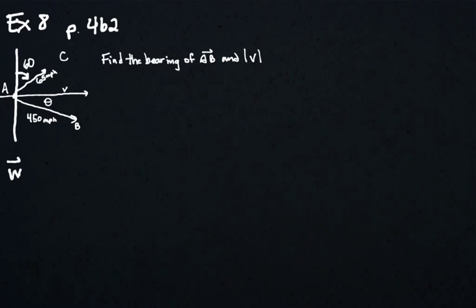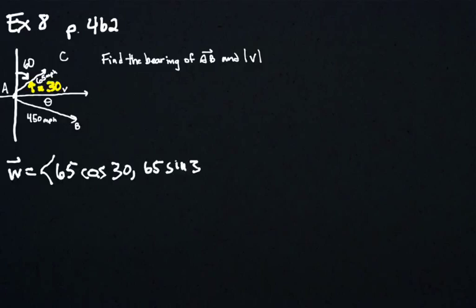Really what I'd love to know is this angle right here. Oh, well, it's 90. Okay, that's equal to 30 degrees, right? So if that's 30 degrees, then that's the actual direction of my vector. And so that's what I'm going to use when I write this out. It's equal to the magnitude, because that was 65, times the cosine of 30, and then 65 times the sine of 30.